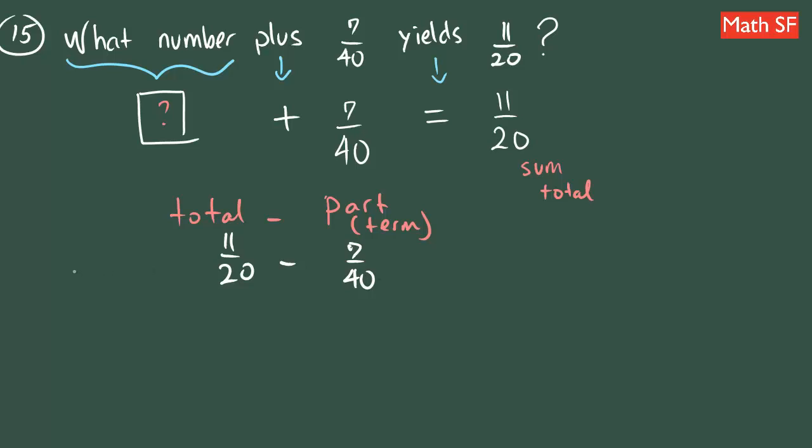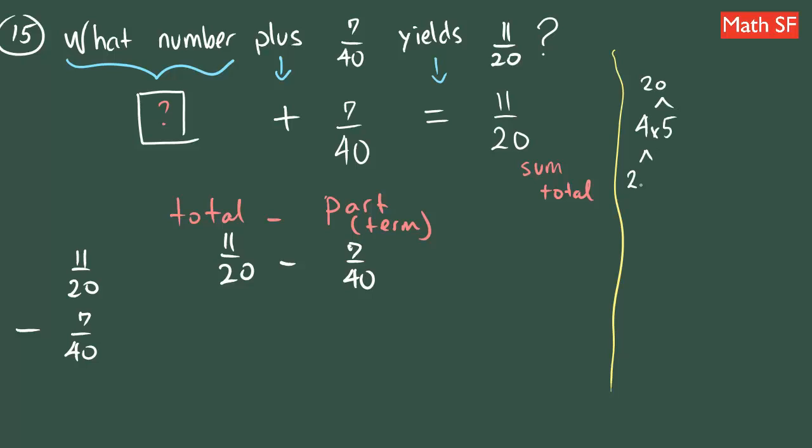So if we align this vertically, it will be 11/20 minus 7/40. We need to find the LCD or the LCM between them. So let me make a space here and say, okay, 20 and 40. We have 20 here: this is going to be 4 times 5, and this is going to be 2 times 2 times 5.